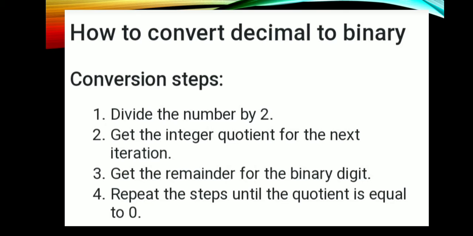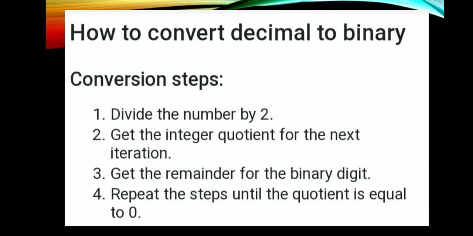Okay. Here, the dividend is the given decimal number, no doubt. What is the base we want at the end? Base 2, because we want to convert decimal number to binary. What is the base of binary?